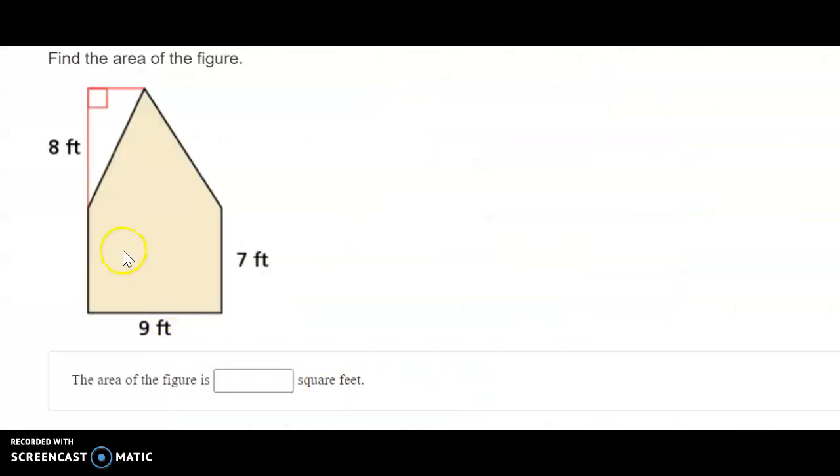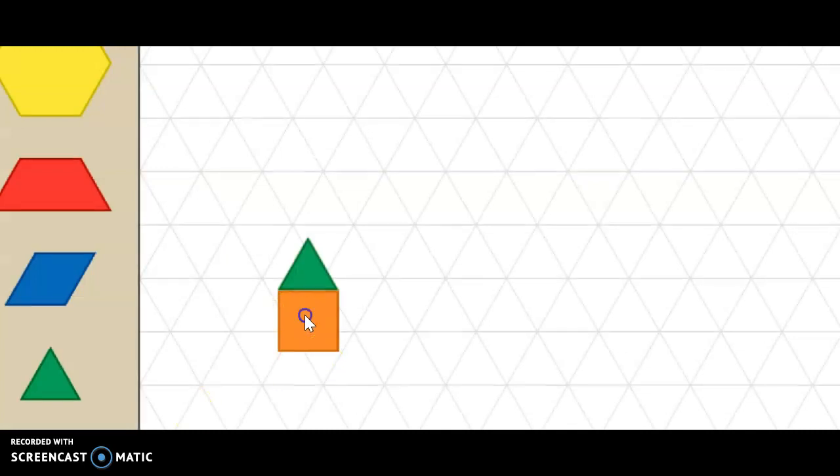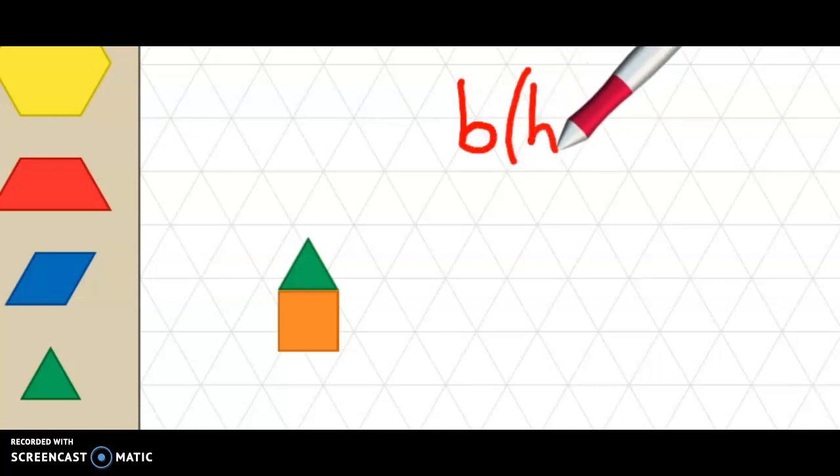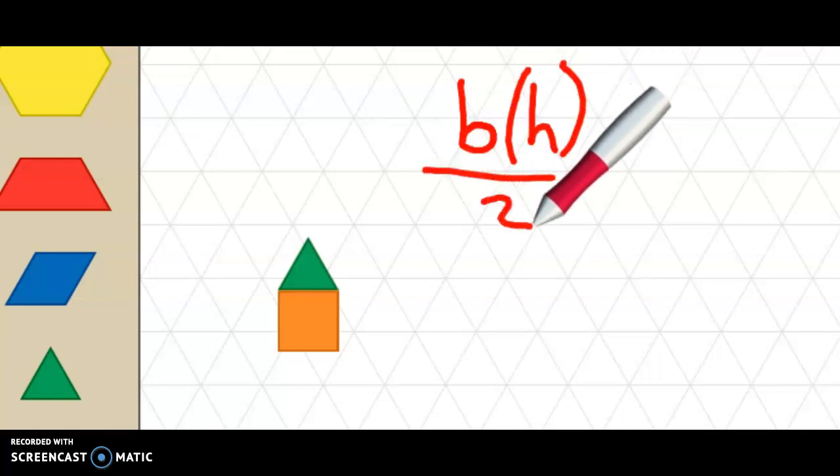So here we have a shape that looks almost like a house, the way we used to draw houses when we were little. And we have two shapes in it. We all know that this is going to be a square and a triangle. This is our square, and this is our triangle. And so we just have to plug in our two formulas. For our triangle, we do base times height, and we divide that by 2.